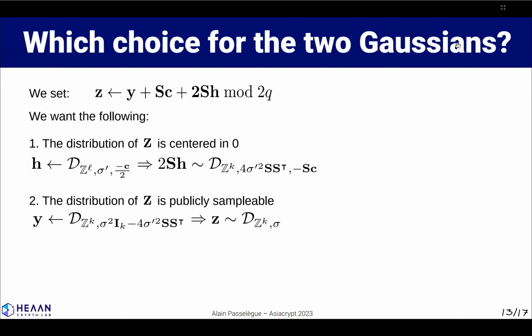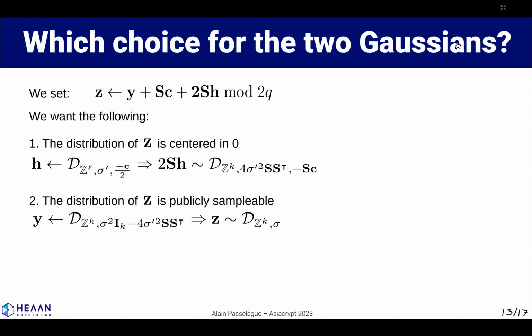If we do that, then the sum y plus sc plus 2 times s times h just follows the Gaussian distribution centered on 0 with public standard deviation. And that's it, so this is public. So that's basically the main idea for G plus G.